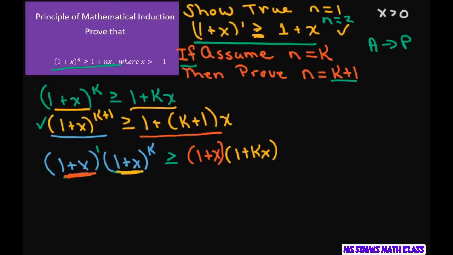All right, so if this is greater than this quantity, and the other quantities are the same, it's still going to be true. So let's FOIL this out. We get 1 + kx + x + kx squared.